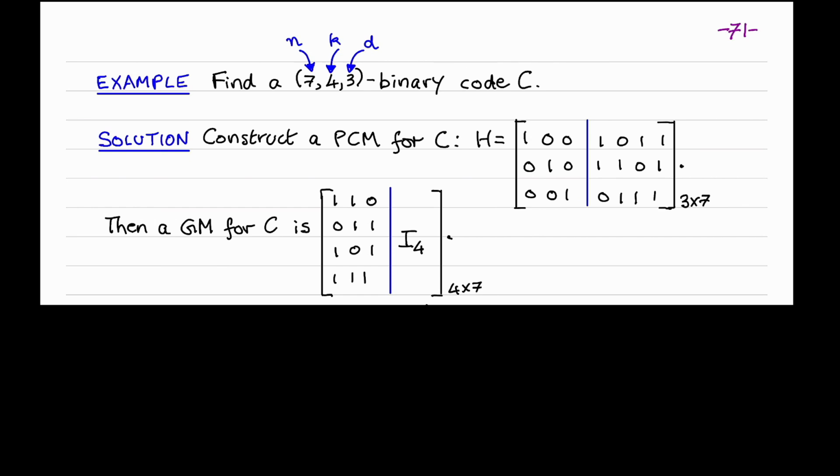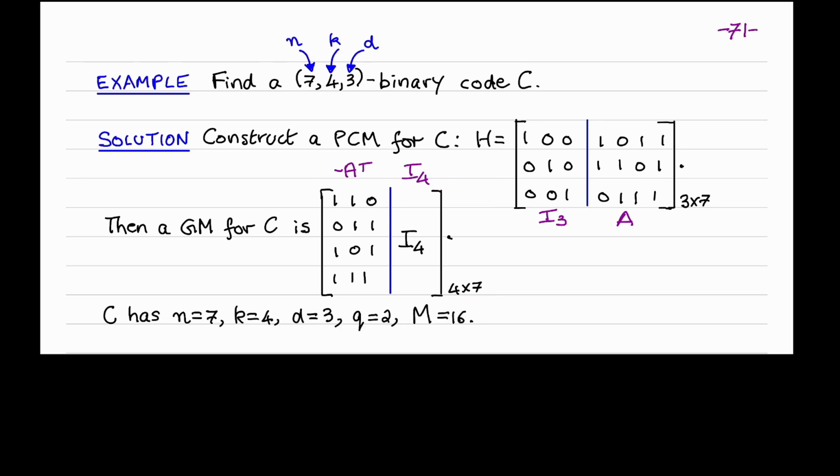Since H is in standard form, we can write down a GM for C. Namely, if we consider H to be of the form the identity matrix and the matrix A, then a GM for C is minus A transpose and the appropriate identity matrix. Note that G is a 4 by 7 matrix.